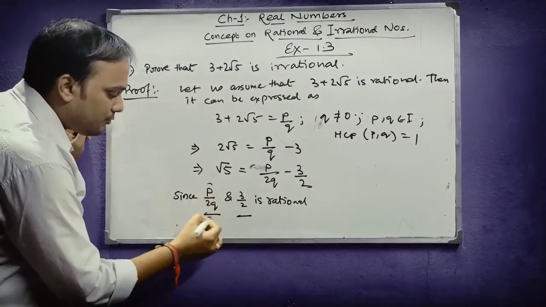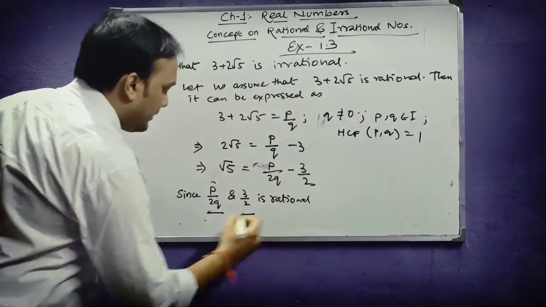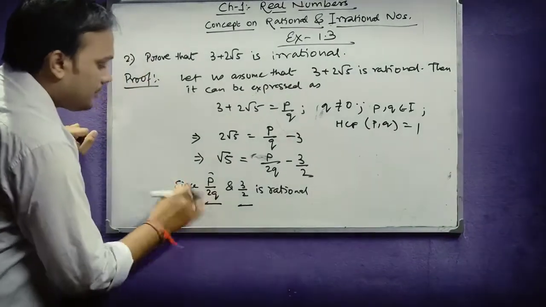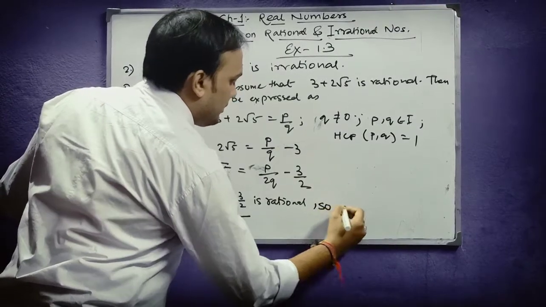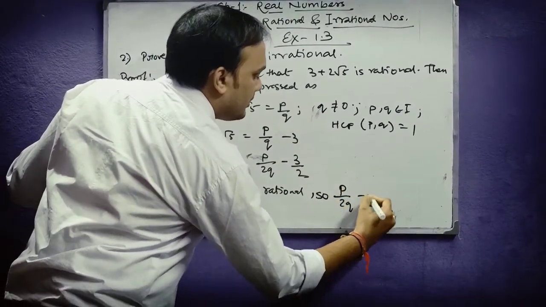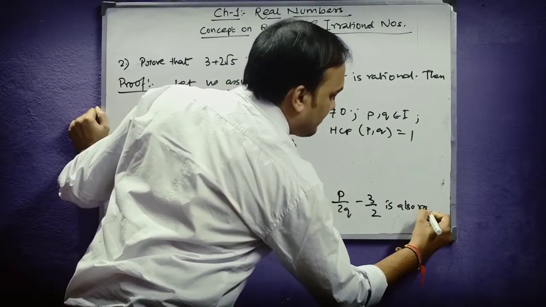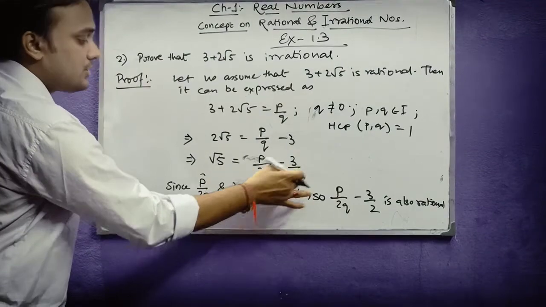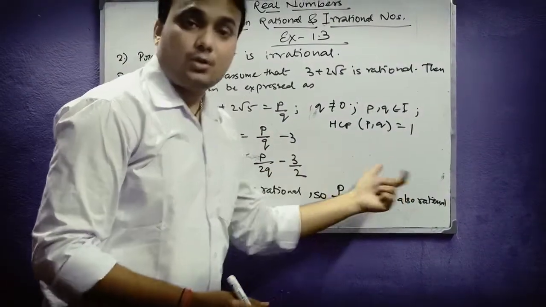Ultimately, P by 2Q is rational and 3 by 2 is rational, so P by 2Q minus 3 by 2 is also rational.